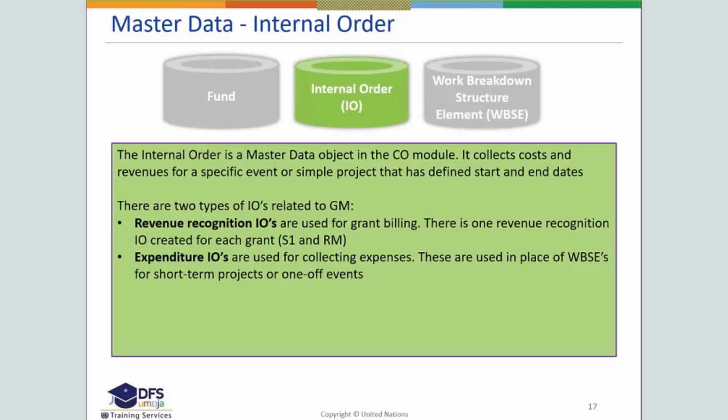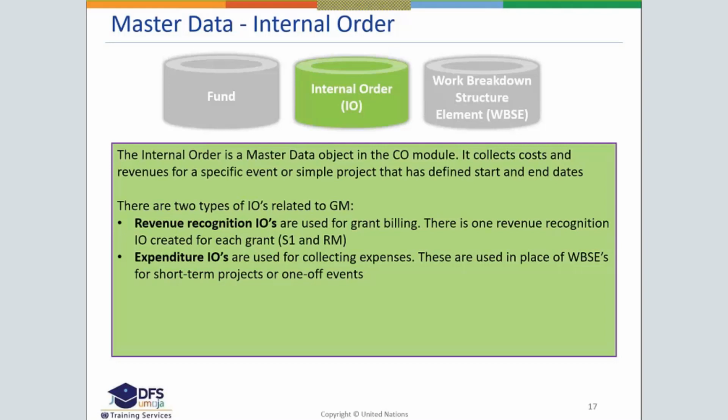We are going to use two specific types of internal orders: grants management revenue recognition internal orders, which we will use to receive the income for the grant billing, and only SR and RM grants require revenue internal orders.